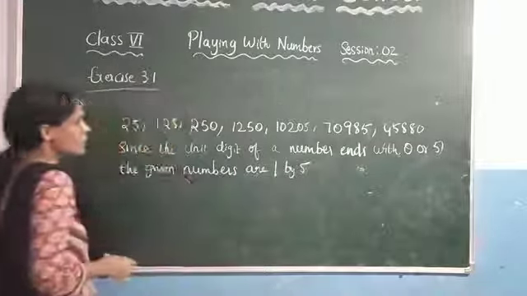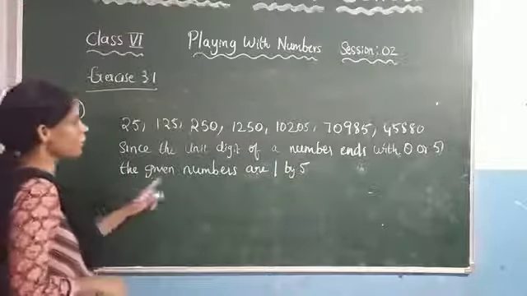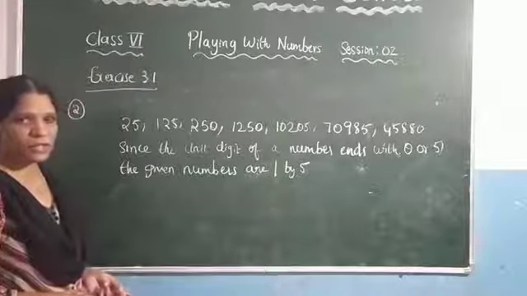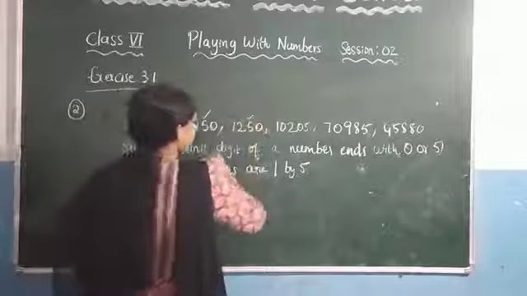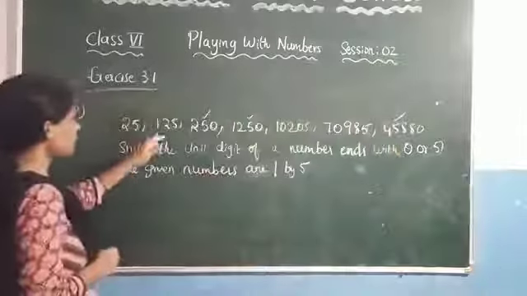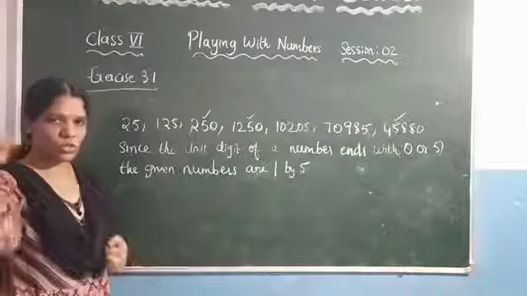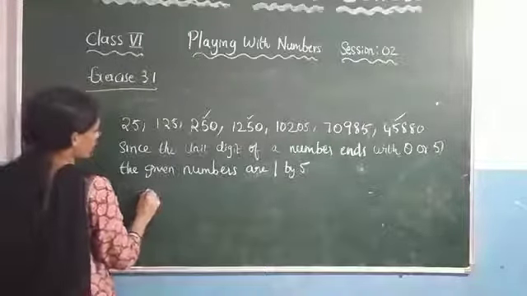Now, which among these numbers are divisible by 10? If the unit digit of a number ends with 0, we can say that those numbers are divisible by 10. So here this number and this number. The remaining numbers do not end with 0, so those numbers are not divisible by 10. So write it here, the numbers.